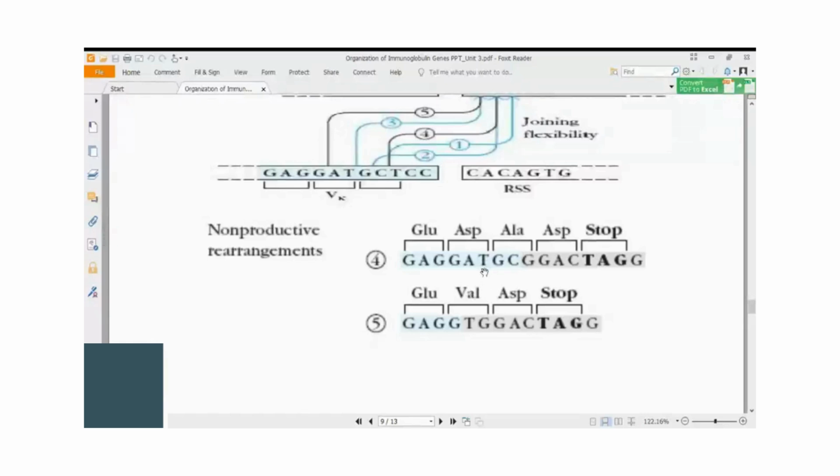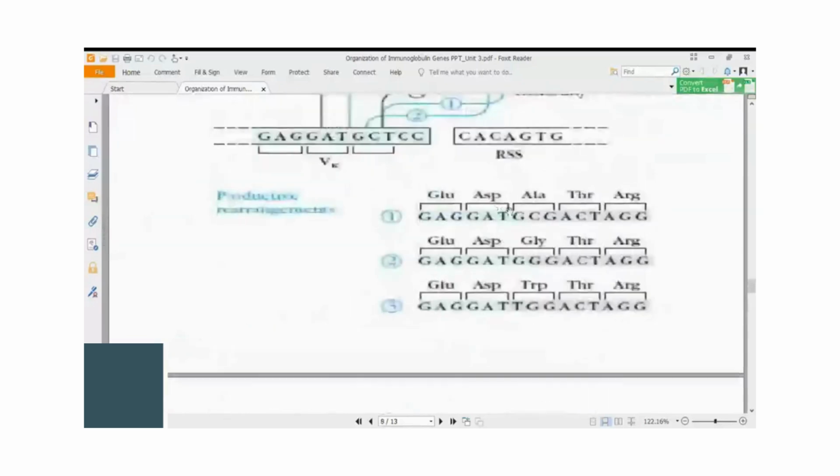Which is a very, very rare chance. There is always a chance to have a productive peptide. And when that productive peptide is produced, among these three different productive peptides, one of them may be successful in showing high affinity interaction.